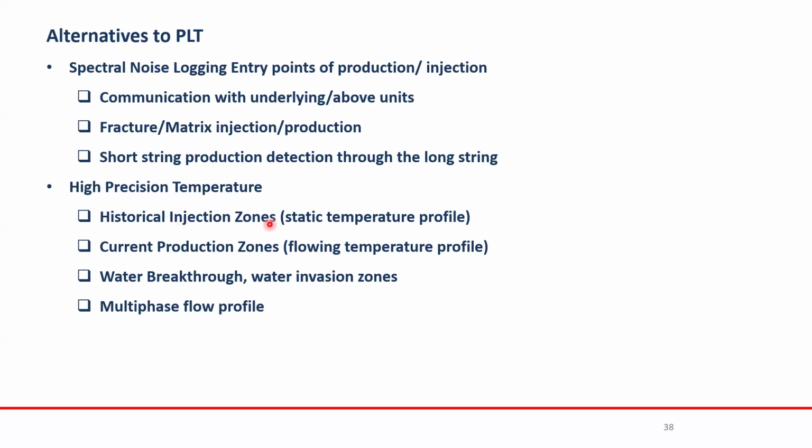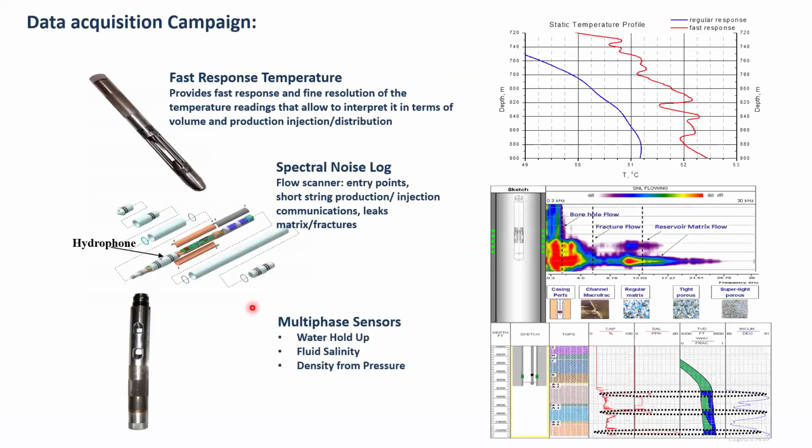Historical injection zone, static temperature profile, current production zone, flowing temperature profile, water breakthrough, water invasion zone, and multiple phase profile. It is a fast response temperature, which can give you static and dynamic temperature, providing fast response and high resolution of the temperature reading that allows you to interpret in terms of volumes and the production injection distribution.